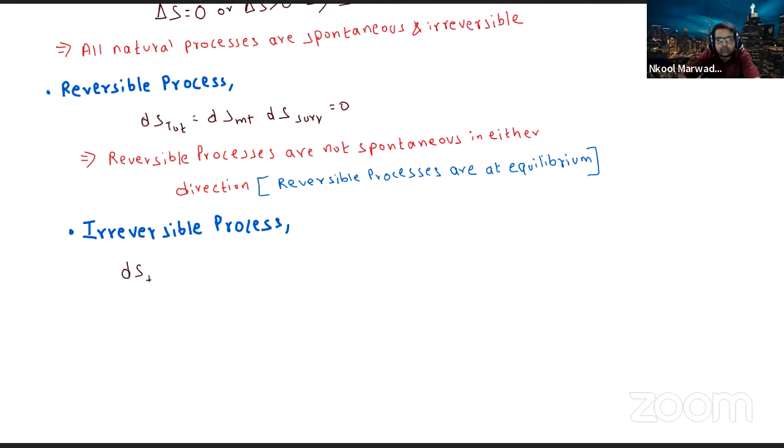The total entropy, delta S system plus delta S surrounding, is greater than zero.